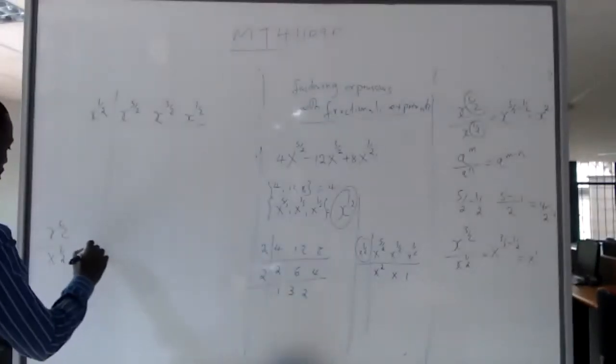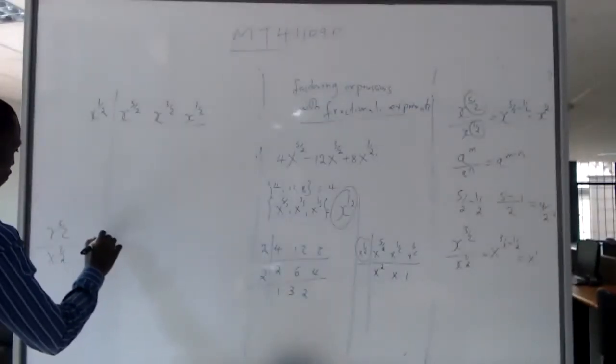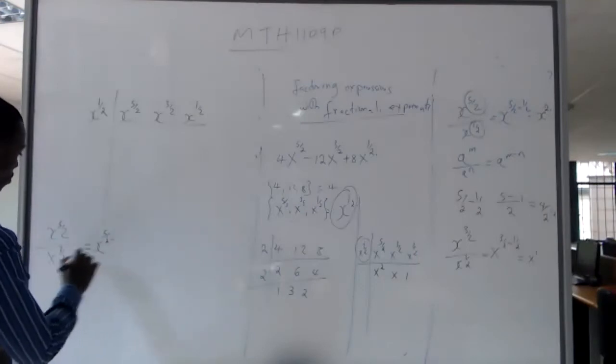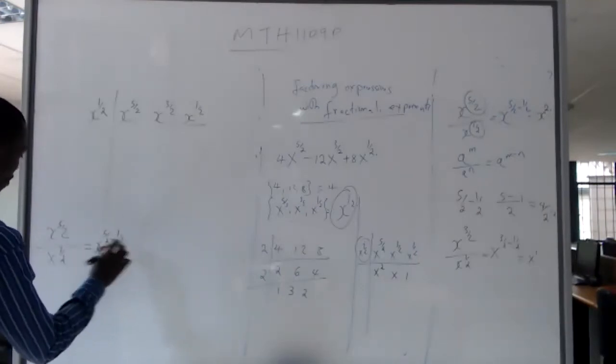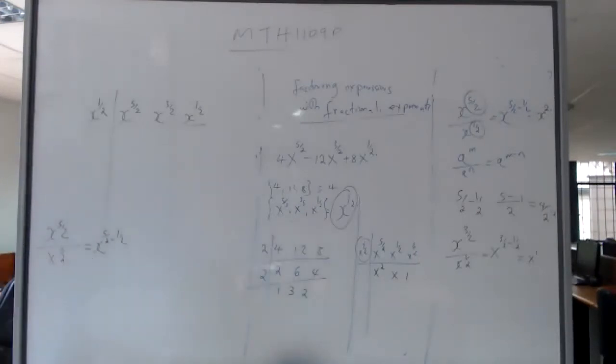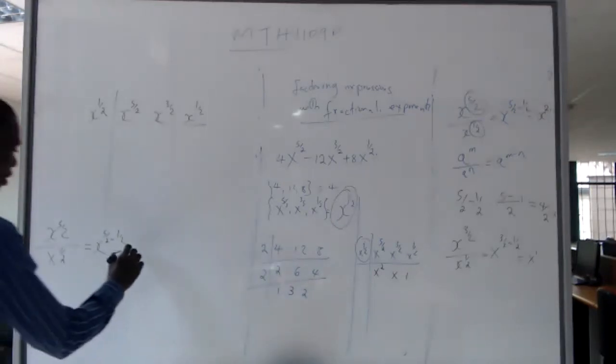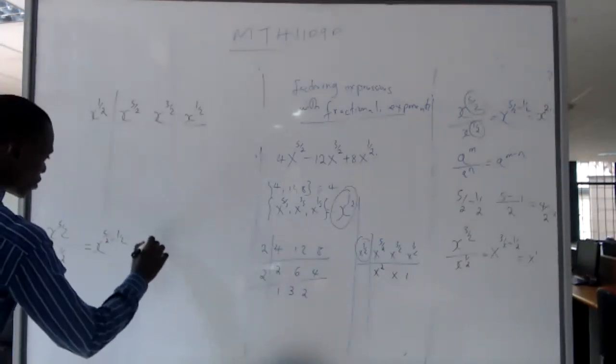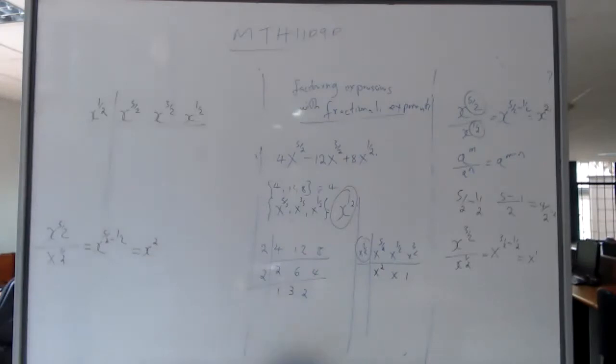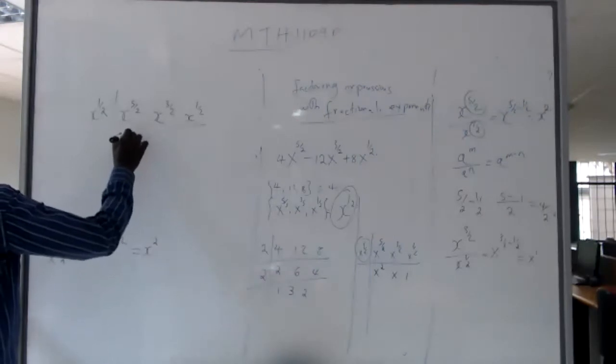In this case, the index of the numerator is 5/2, and the index of the denominator is 1/2. This gives you x squared, because 5/2 minus 1/2 is 4/2, and 4/2 is simply 2. So here we get x squared.